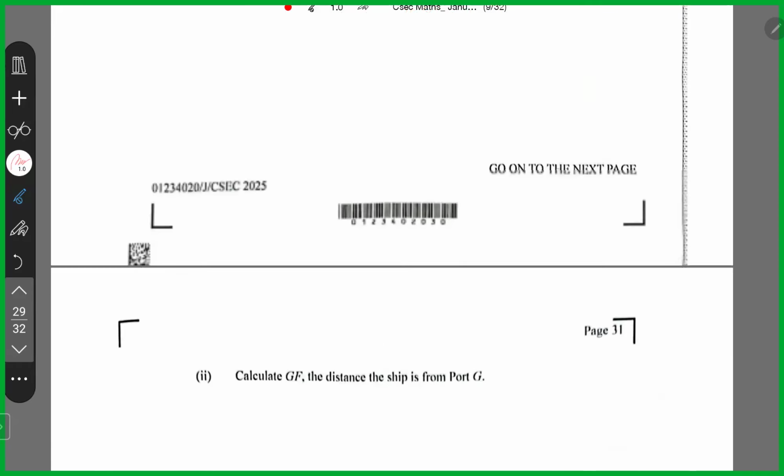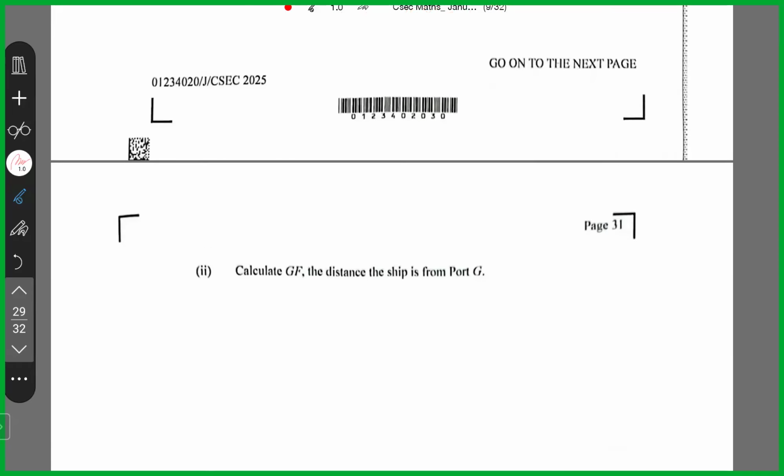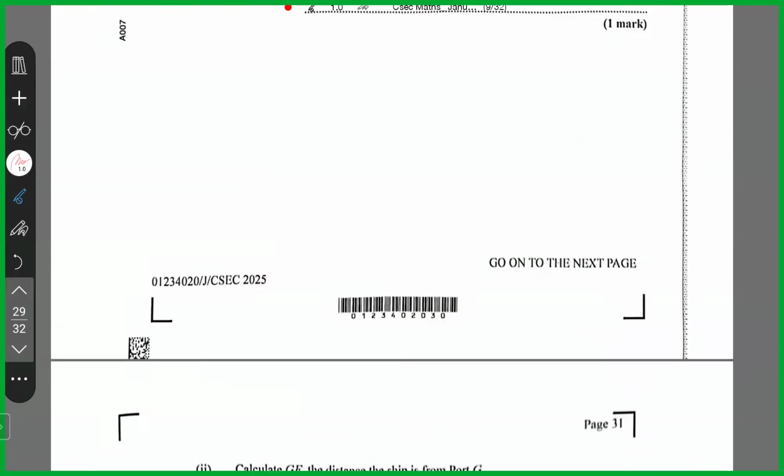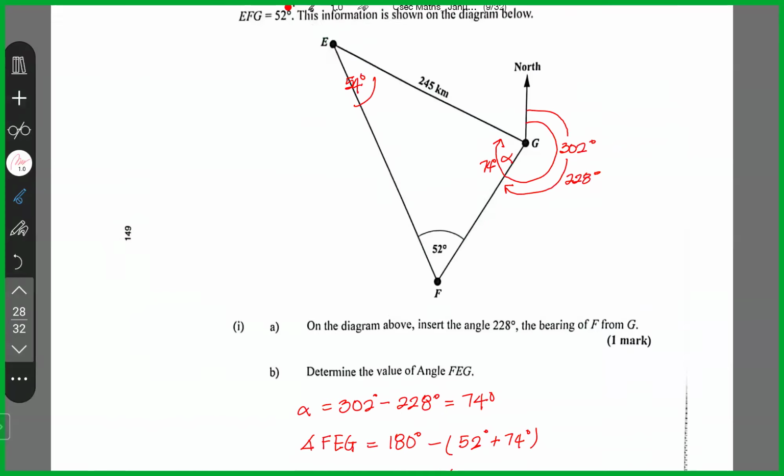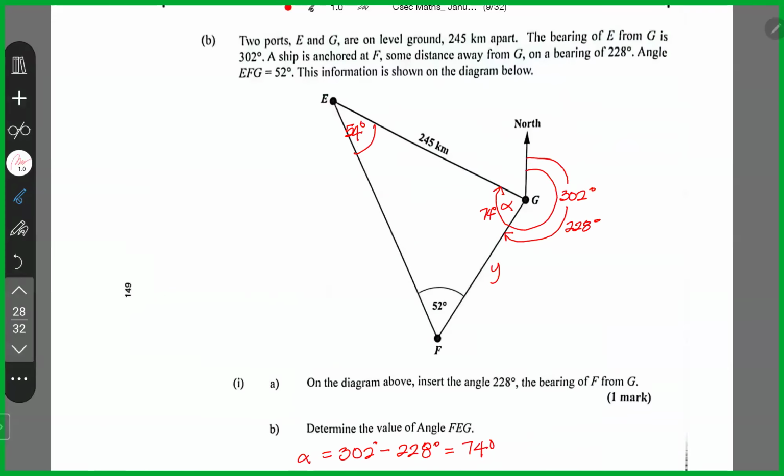What else were we asked? To calculate FG, the distance the ship is from port G. So we need FG, let's call it Y. To do this, we have three angles on one side. I'm going to use the sine rule.